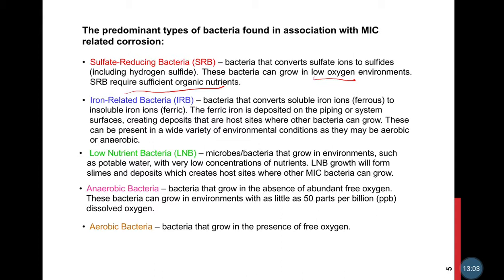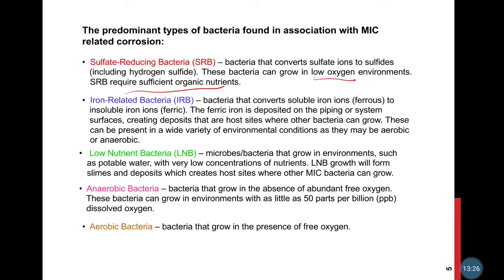So that is IRB. So you kena ingat bila SRB dia kena ada low oxygen, tapi kalau untuk IRB dia may sustain dia punya hidup dalam keadaan ada oksigen atau without oksigen.